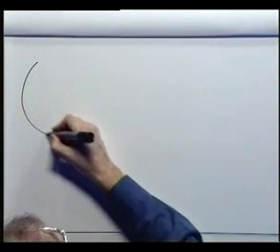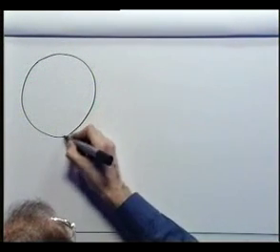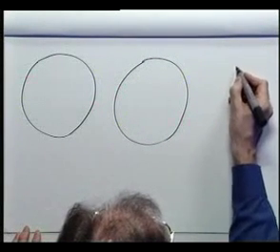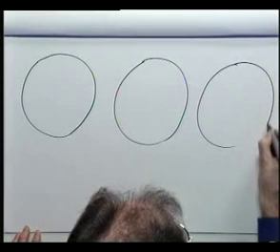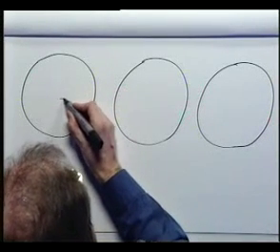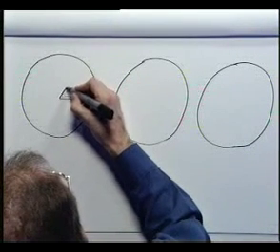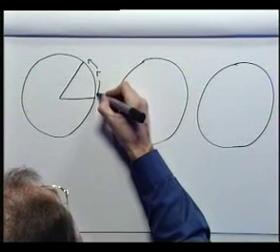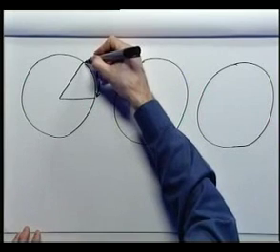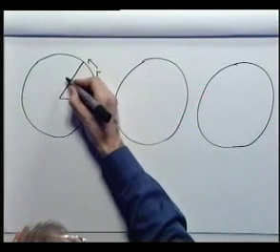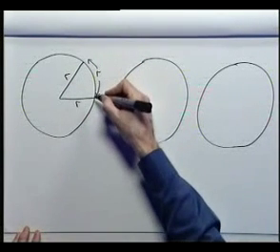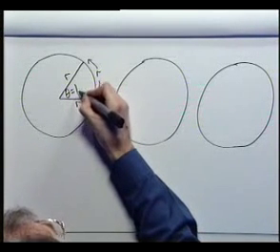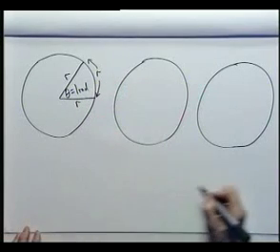Let me just draw 3 circles. Let's put that definition into effect again, where we've got a distance equal to r, the radius of the circle, around the circumference, and there's our theta equals 1 radian.